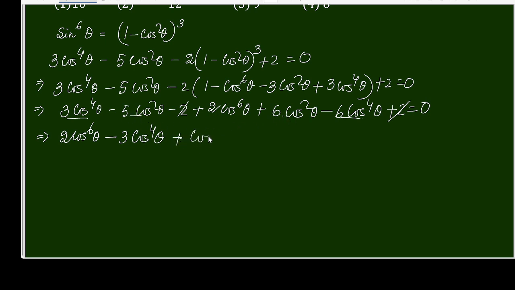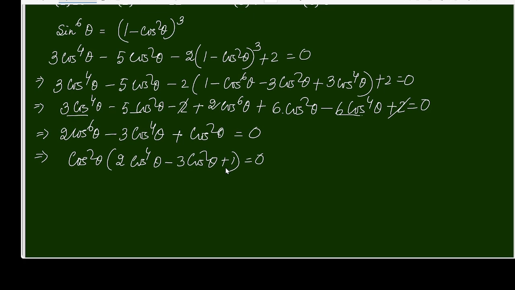This gives us cos^2 theta equals 0. So it is simple now. We can take cos^2 theta outside. So I'll get 2 cos^4 theta minus 3 cos^2 theta plus 1 equals 0.